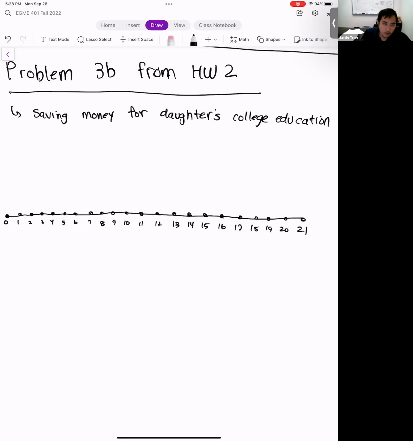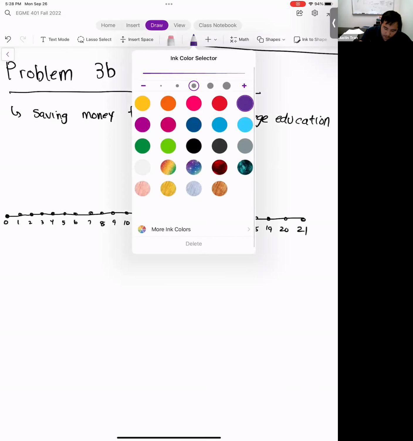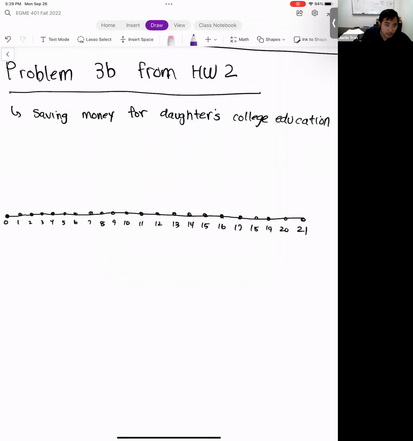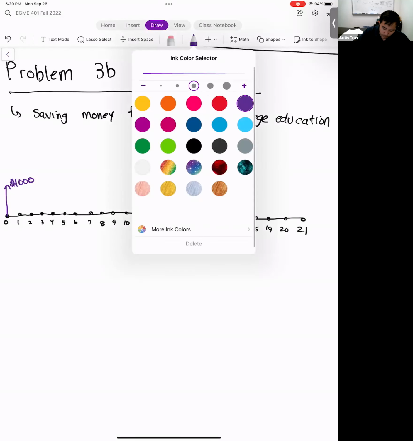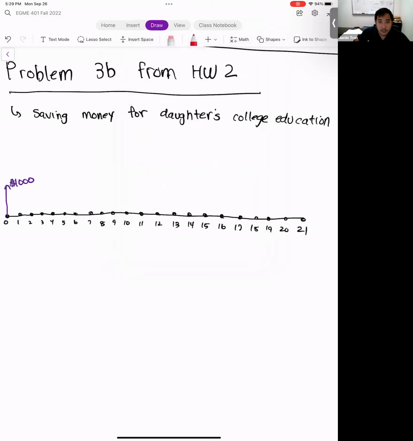The first thing we have is a gift from grandma and grandpa. The gift from the grandparents is an initial deposit of $1,000. That's money that the family is receiving, right? And we also know that tuition costs in years 18, 19, 20, and 21 are going to be $25,000 a year.